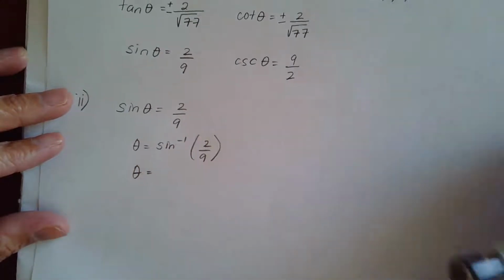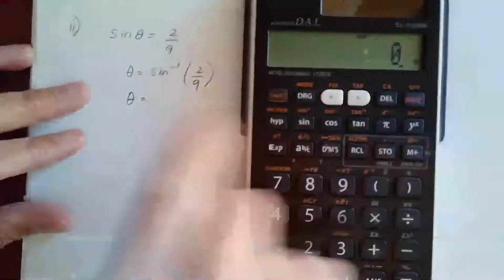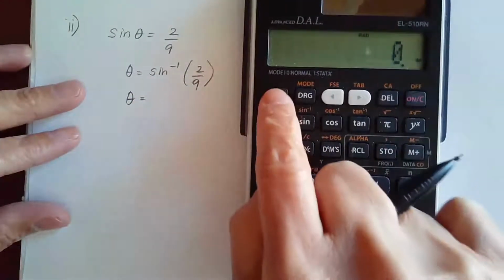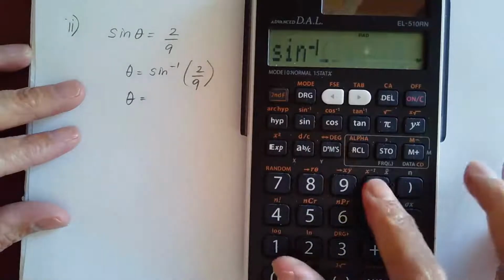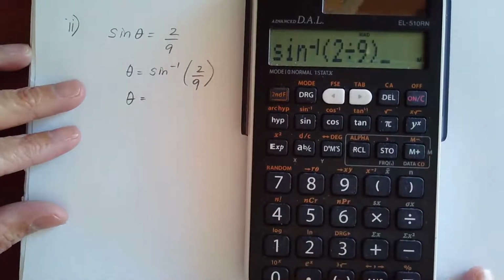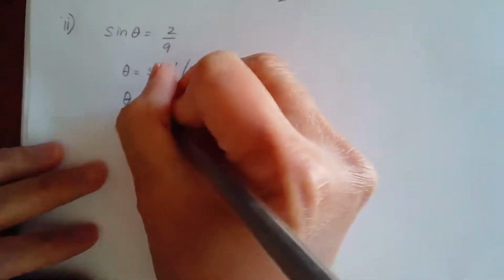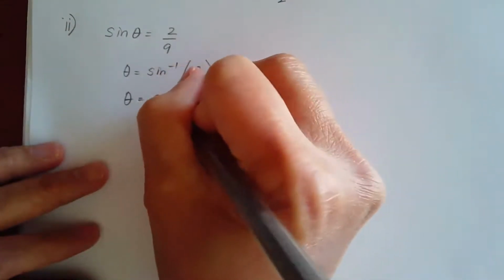I am sure that you are capable of doing this. This is grade 10 calculus. So sine inverse of, I have to put the brackets, 2 divided by 9. And I'm going to get 0.22 radians. So the angle here is 0.22 radians.